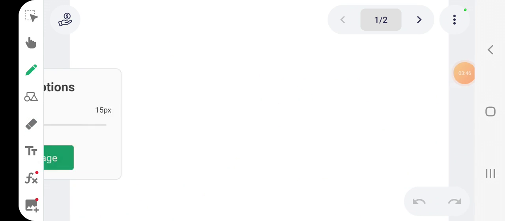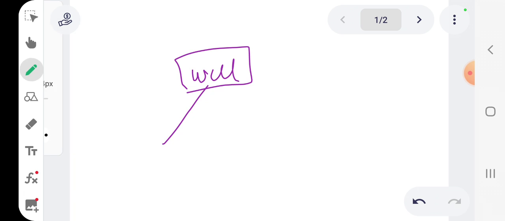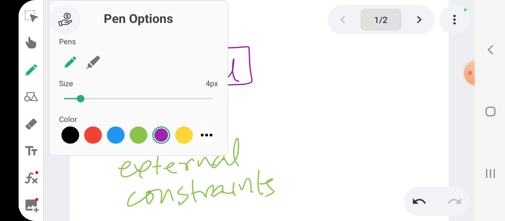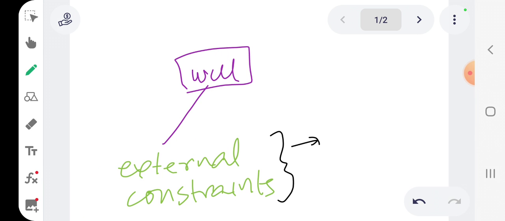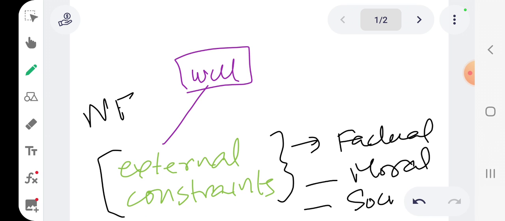The freedom of human will should be free from external constraints, factual, moral, social constraint as far as possible. So maximizing this, that's the negative freedom of this will.